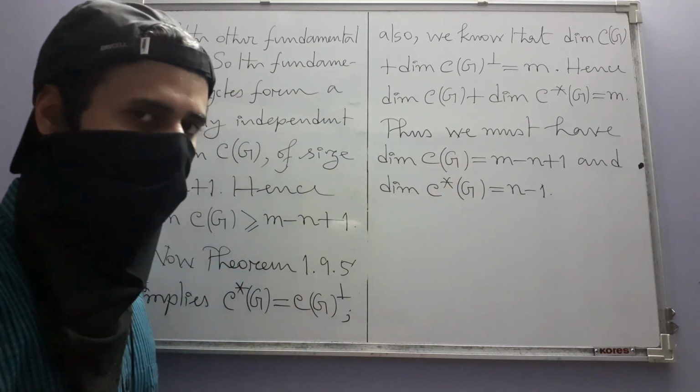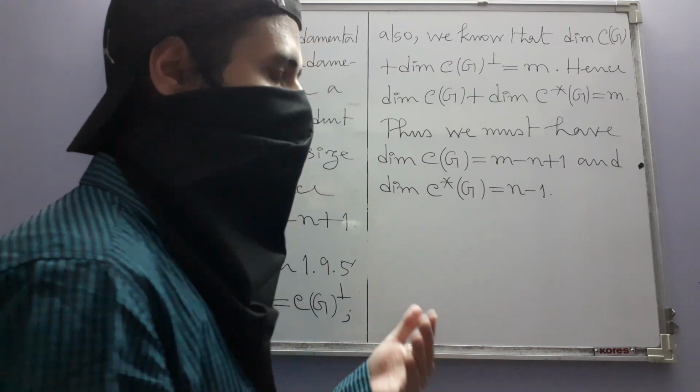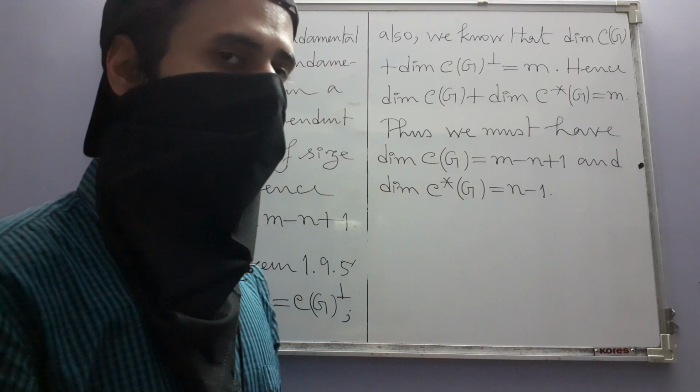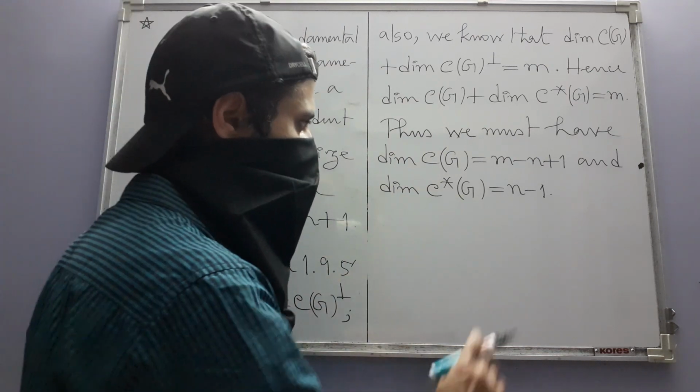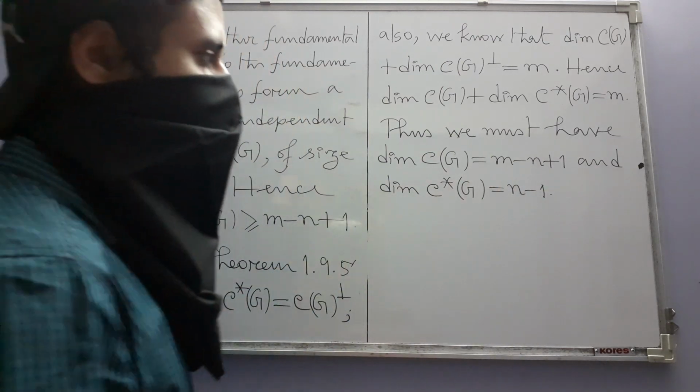dimension restriction. So the set of fundamental cycles is not just linearly independent, but it has to span the entire cycle space, and that is why it will be a basis for the cycle space. Similarly, the set of all fundamental cuts will be a basis for the cut space.